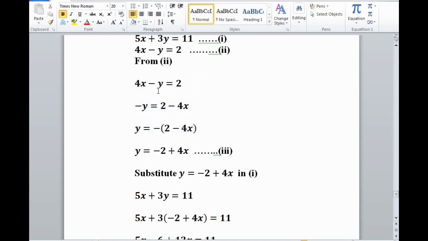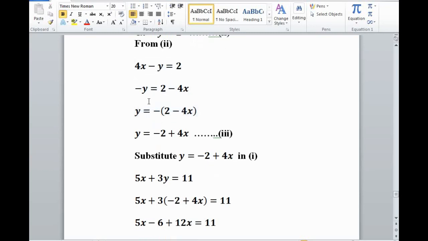Since I'm arranging this equation to express y in terms of x, let's take this positive 4x from left to the right side. So this equation becomes negative y equals 2 minus 4x. Once again, I'm going to multiply the left side, negative y, by negative 1. So minus multiplied by minus is positive y.